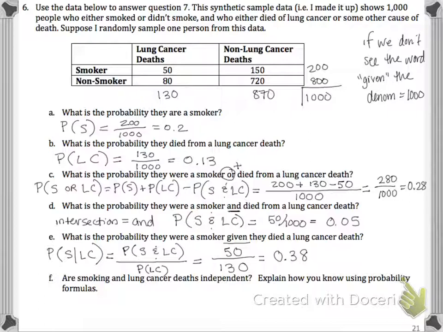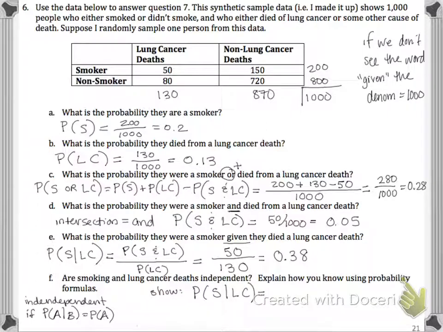And then we get the classic, are smoking and lung cancer deaths independent? Explain how you know using probability formulas. So I'm assuming you just watched my video for example number 5, which also has an independence question, so you remember that two events are independent if we can show that the probability of A given B is equal to the probability of A. So we always want to show, and I take one given statement that I've already seen before, in this case, smoker given lung cancer death.